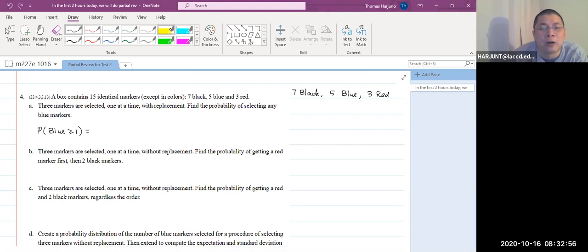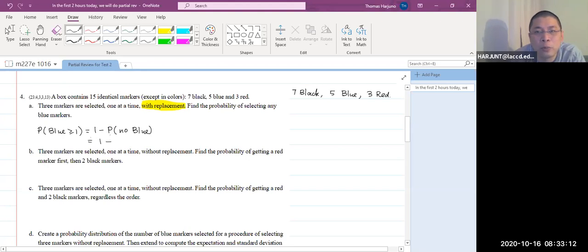Now, this one will be done with replacement. To have at least one, that means 1 minus the probability of no blue, right? Which is equal to 1 minus. Now, can you compute the probability of not getting any blue?